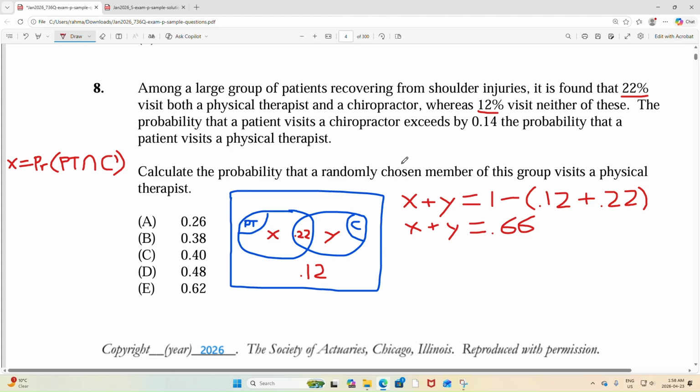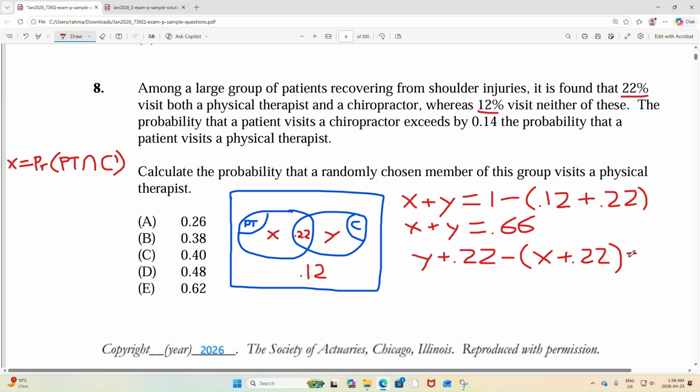And this final piece of information here, the probability that a patient visits a chiropractor, well, chiropractor is going to be this whole region here, Y plus 0.22, exceeds by 0.14 the probability that a patient visits a physical therapist. So seeing a physical therapist is this whole region. So that's X plus 0.22.